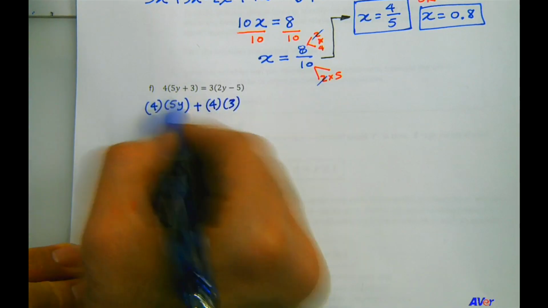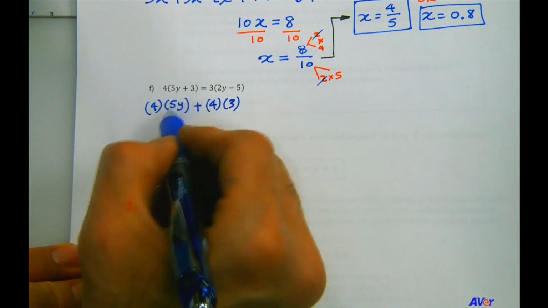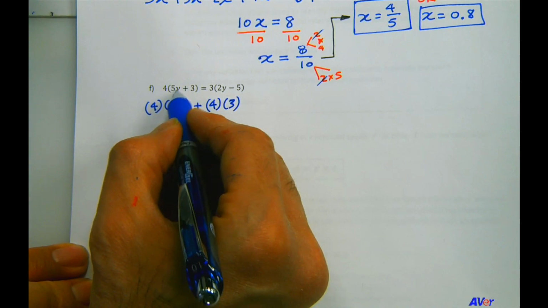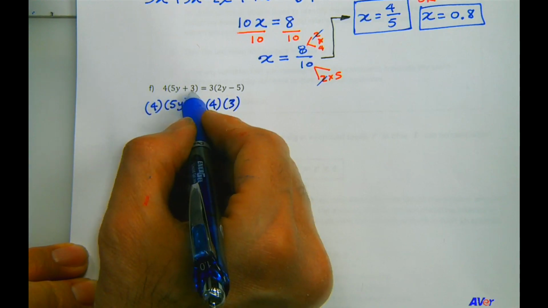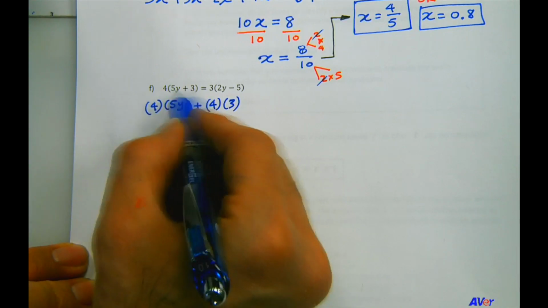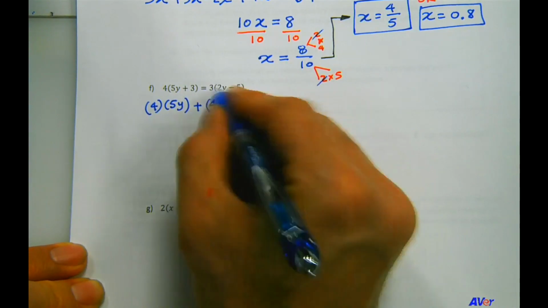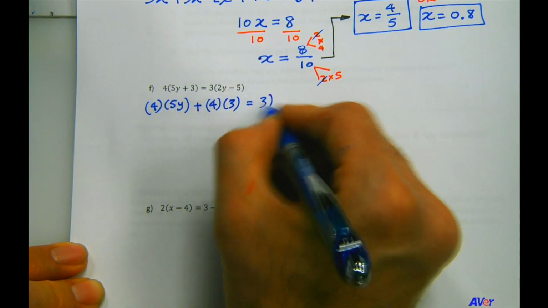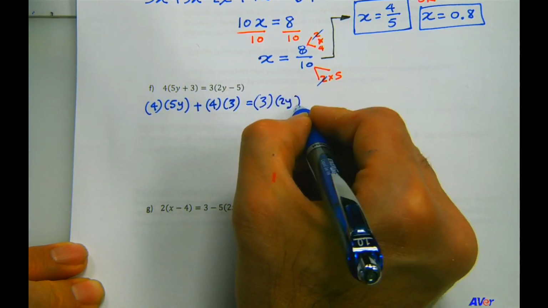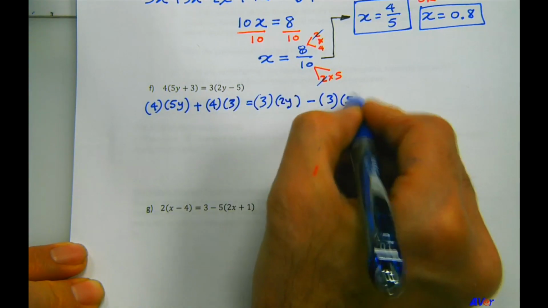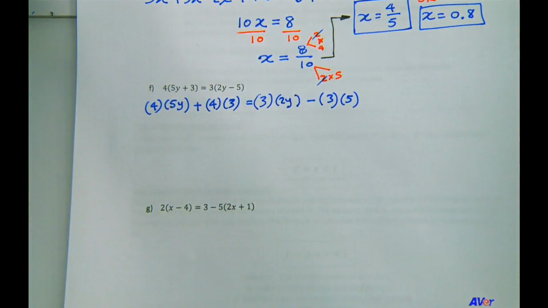What I just did with 4, distributing it into these terms, ungrouped y from the 3. Y on the left side is no longer grouped with this 3. Let's do the same thing on the right. Distribute the 3 into both terms. So 3 times 2y minus 3 times 5. Are you following this? I hope you are. If not, you ought to let me know with your questions.